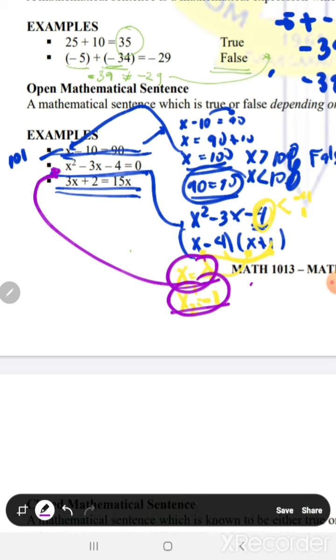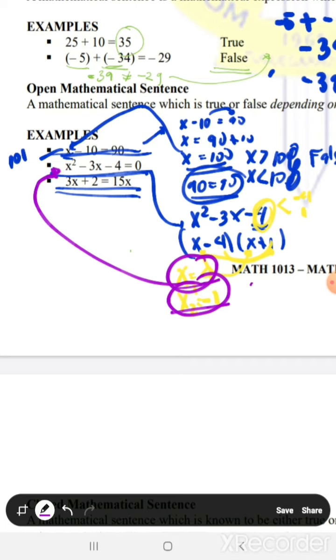In case you write a value like greater than or less than these two values, 4 and negative 1, your answer would be false because of the equal sign.